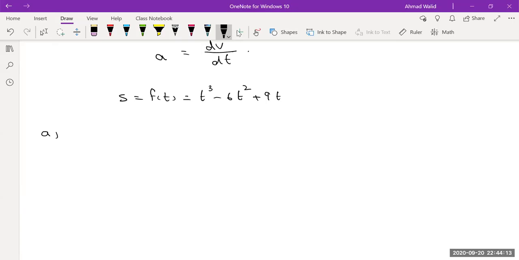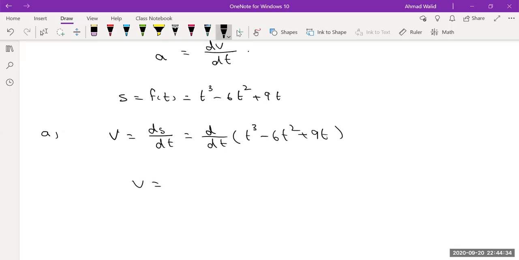It means I'll take the derivative of this function. Then I can write v equals ds dt, which is equal to d over dt of this function, t cubed minus 6t squared plus 9t.